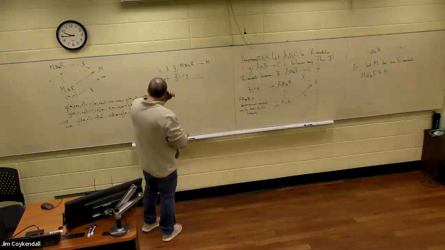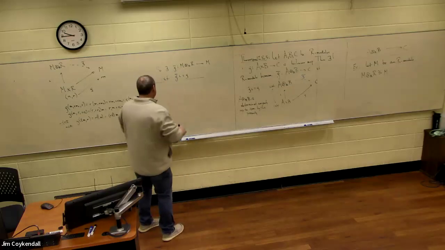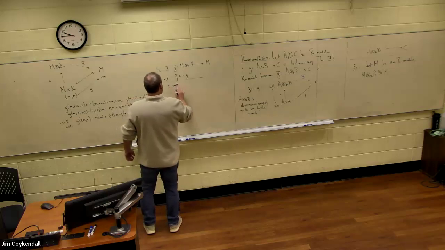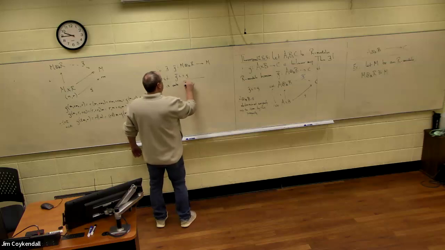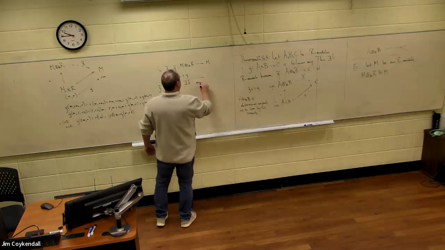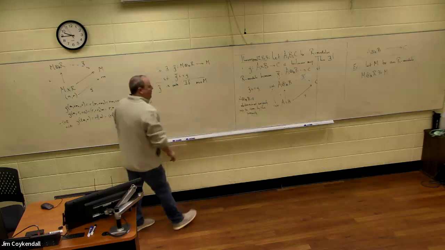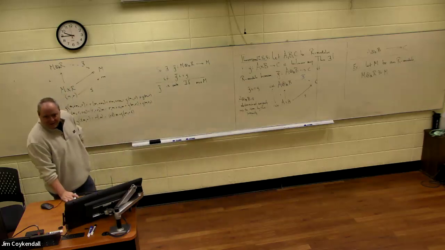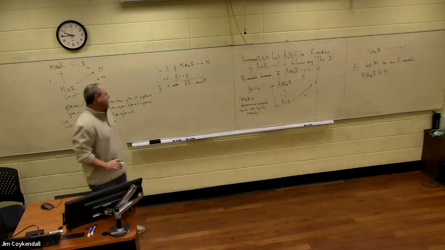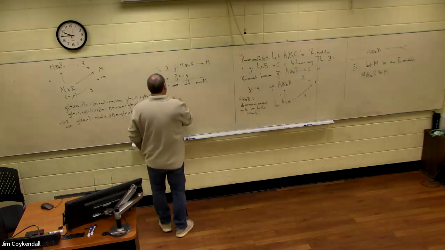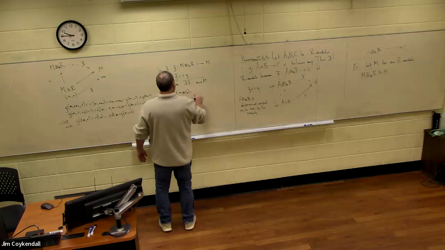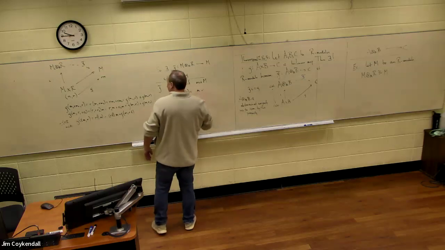Okay, well, I guess it's clearly onto, isn't it? Because if M is in M, you might think of something that goes to it. So if you take M tensor 1_R, this is M, right?